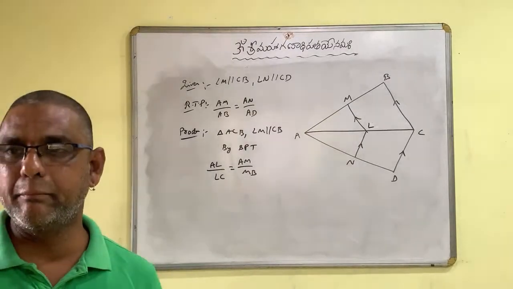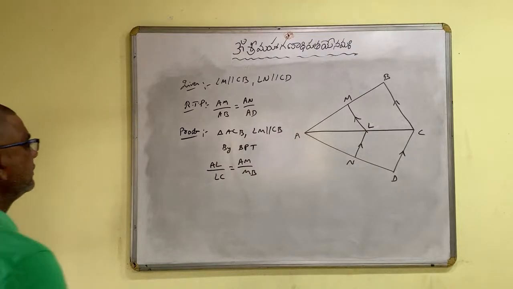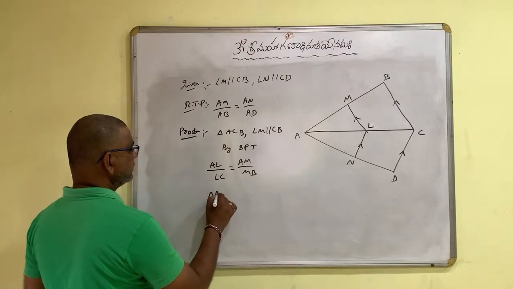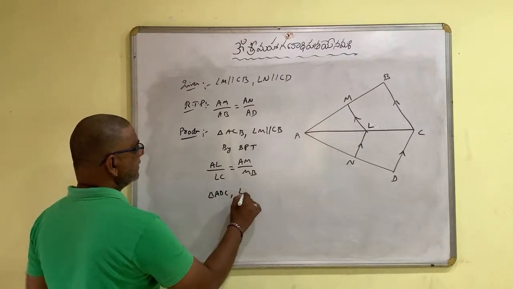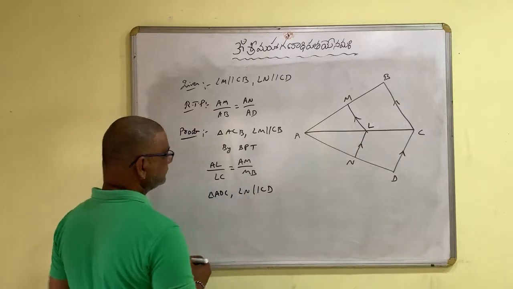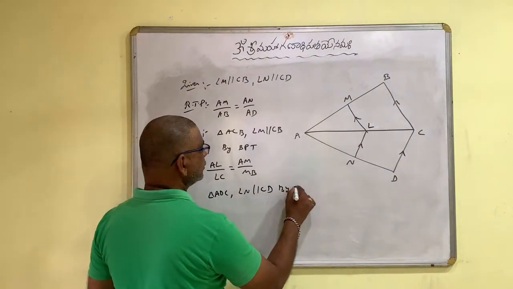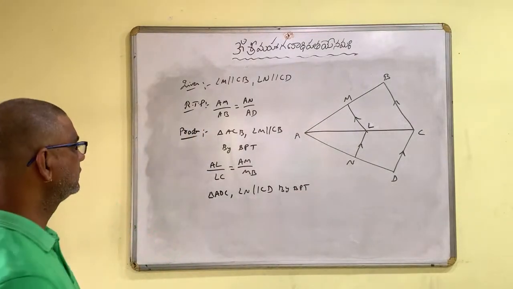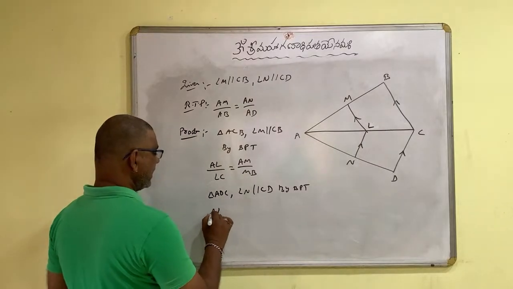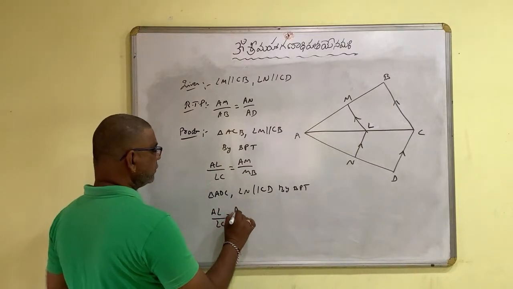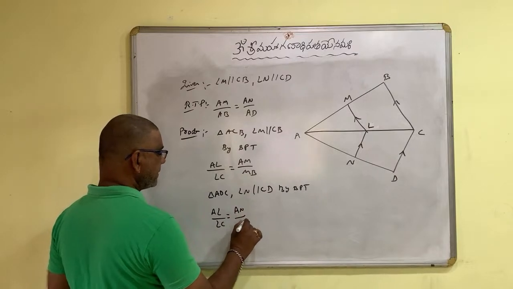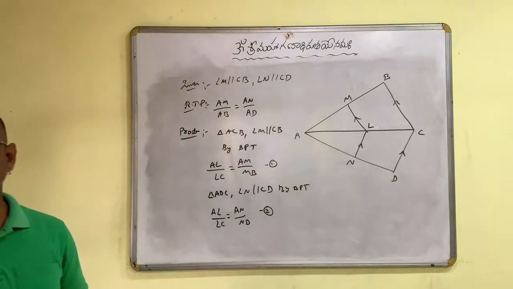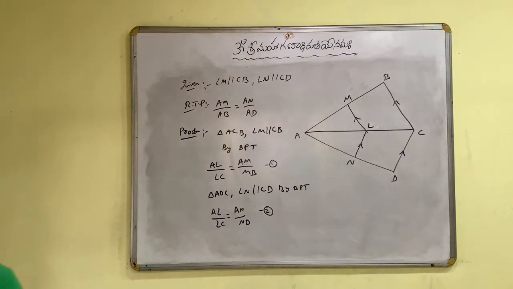Now consider second triangle ADC. In triangle ADC, LN parallel to CD. So by basic proportionality theorem, AL by LC equal to AN by ND. Let it be 1 and second one is 2.